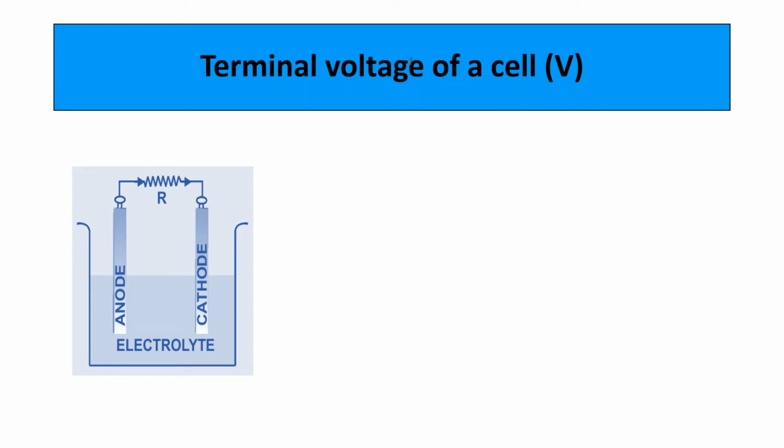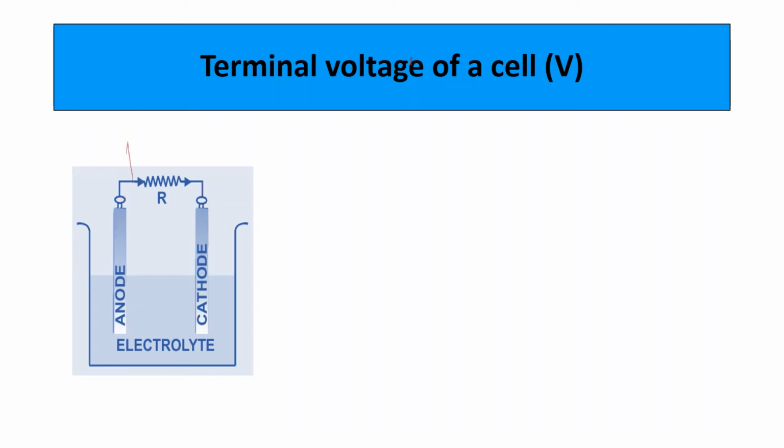You consider a resistor is connected across the cell. Anode is positive and cathode is negative. The conventional current flow is from the positive to negative. Inside the electrolyte, the current flows from N to P, whereas it flows from P to N in the external resistor R.